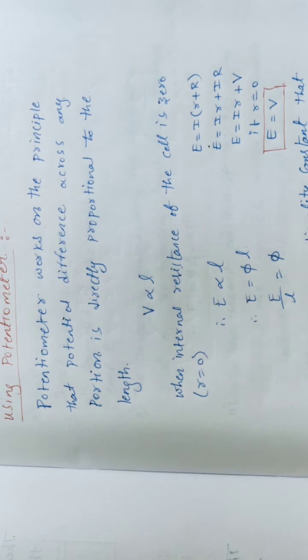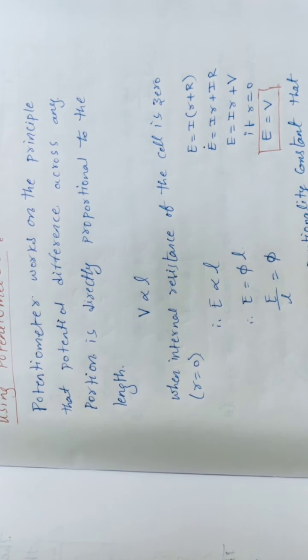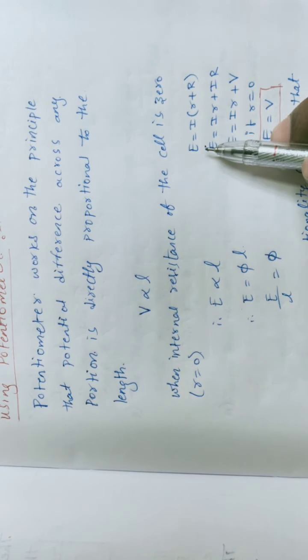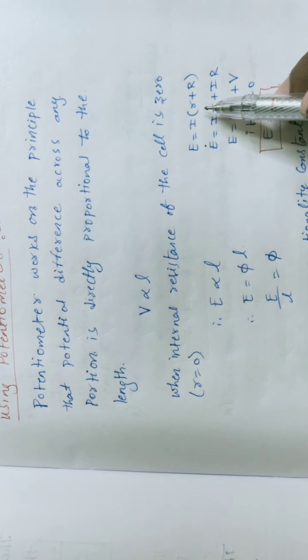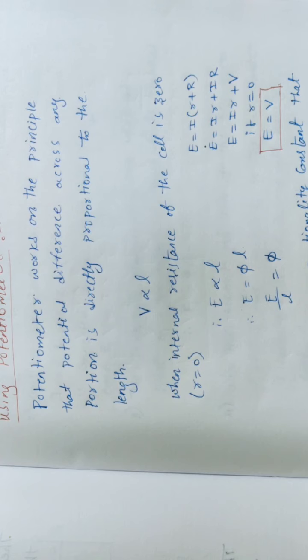For example, when the internal resistance of the cell is 0, the potential difference and EMF become equal. In that condition, we have capital E equal to I into (small r plus capital R). Here small r is the internal resistance of the cell, and capital R is the external resistance we are giving.